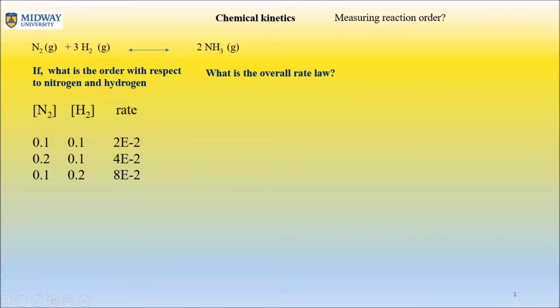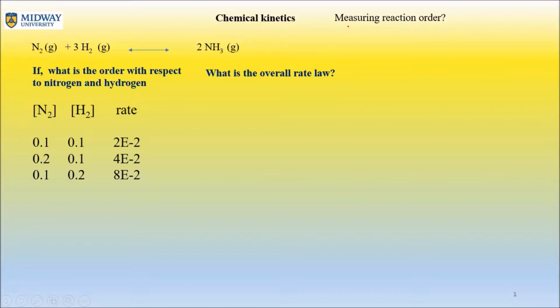Welcome back. Now, if you remember in the previous video, I said when you're asked to write a rate law, you're not supposed to use the numbers that are in front of the species to call them the order of the species.